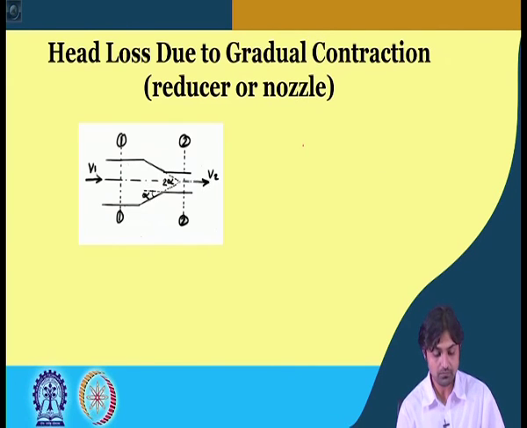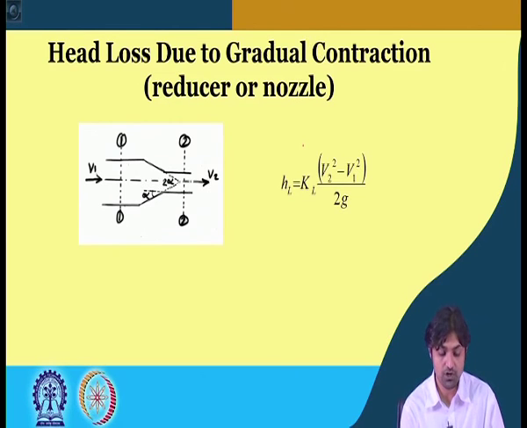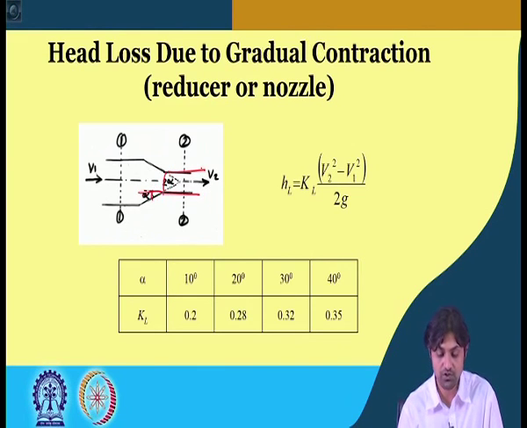Now, in this particular case, head loss due to gradual contraction, we had one equation, and we can also write this in the form of another where both V2 and V1 could be used. So, KL into V2 square minus V1 square by 2g, in case of contraction like this. You see, this is 2 alpha and this is alpha, and here also for different alpha we have different KLs.